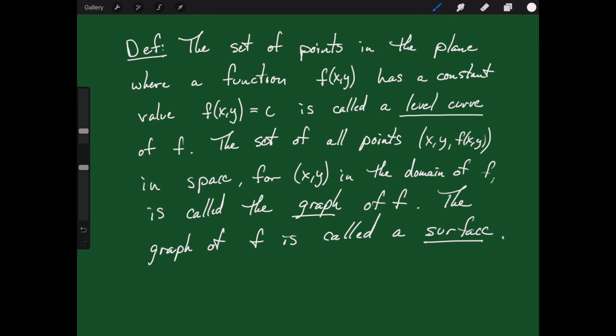But what we can do is we can start to get a feel for a graph based on these things called level curves. Okay, so what I'd like to do is talk a little bit about a level curve. So let's look at an example where I'll show you some level curves and see how they can inform us.